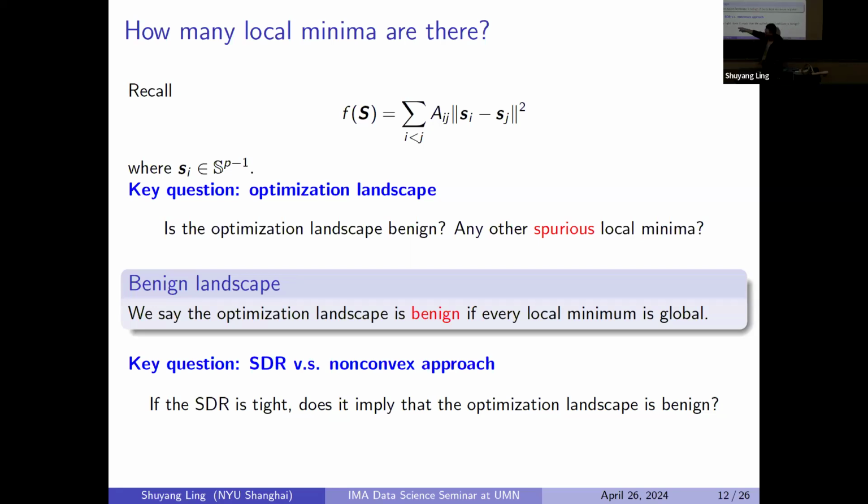Which means if SDP is tight under some condition, whether under almost the same or nearly the same condition the optimization landscape is benign, which means if I run gradient descent, it's safe. Okay, is it clear so far?